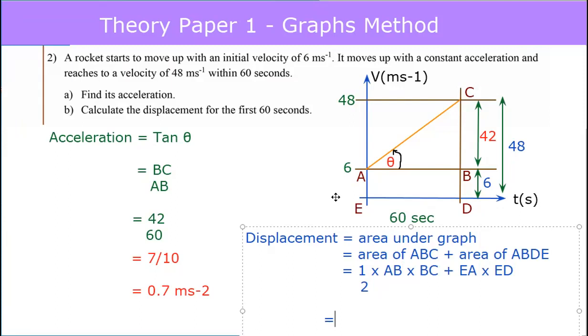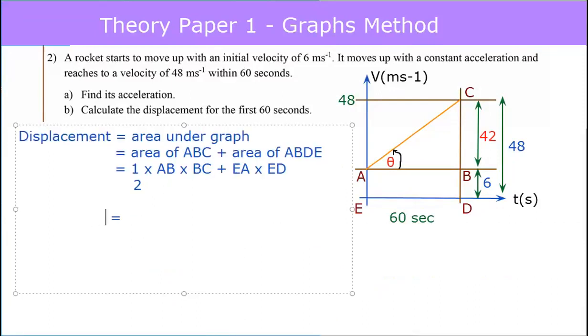Let me move this a little bit up. Right, so I can keep it here. Half into AB. AB is 60.